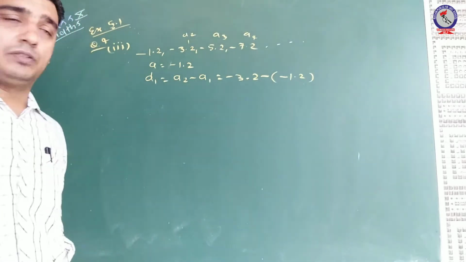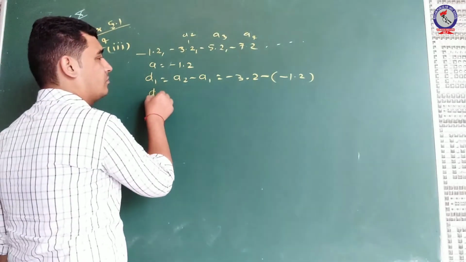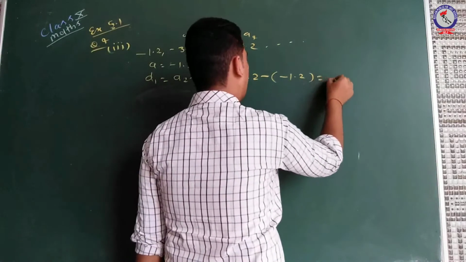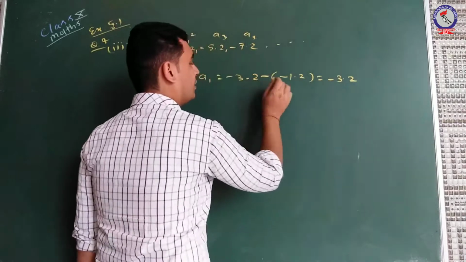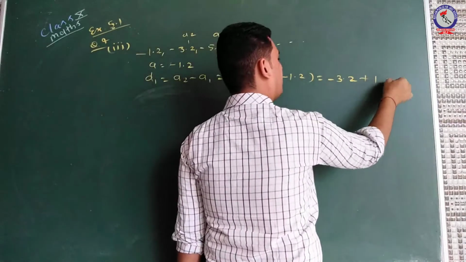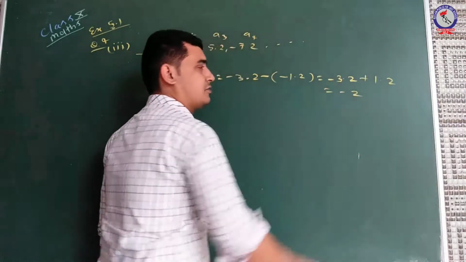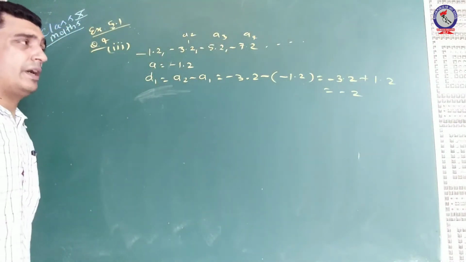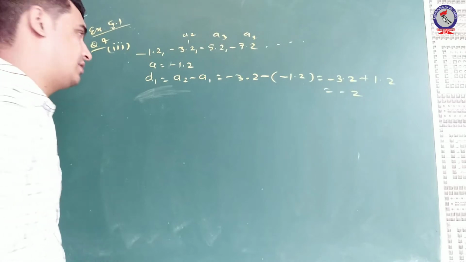So it will be minus 3/2 plus 1/2, that is minus 1. Minus 2 is the common difference. Okay.